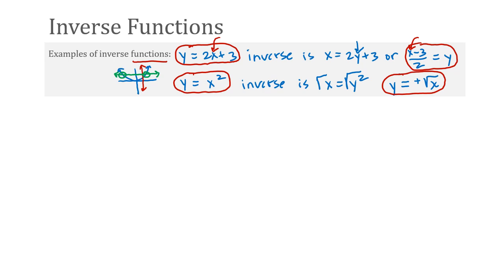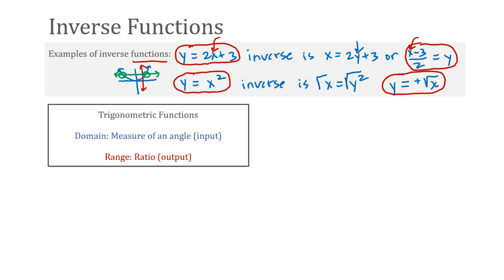If I don't put that limitation, then I will not have an inverse that is a function. And the reason I'm making such a big deal out of that is because we're going to have to worry about that when it comes to trigonometric functions. And we'll take a look at that here in just a second.